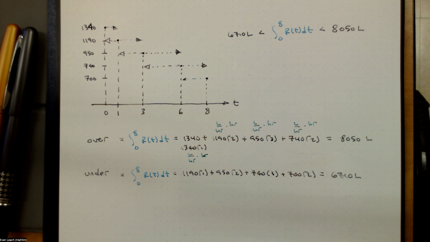Since we have the actual value somewhere between these two numbers, and since we know there's no funky business going on because we were told that the function is decreasing and differentiable, it's reasonable to just find the average of these two values.